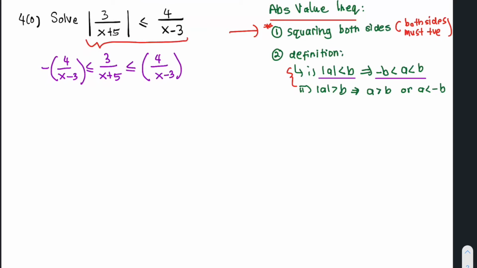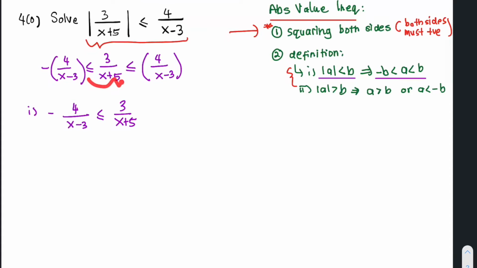Now how do you want to solve this? Can you solve it straight away from here? You cannot, because you have x minus 3 in the denominator. So what you can do is separate it into two parts. The first part is negative 4 over x minus 3 less than or equal to 3 over x plus 5.